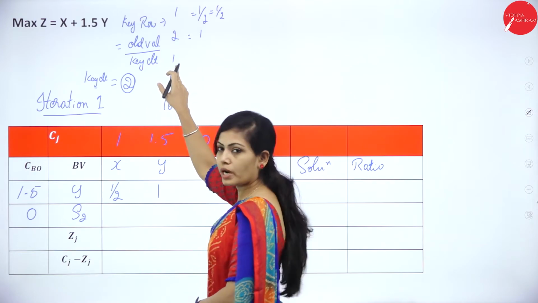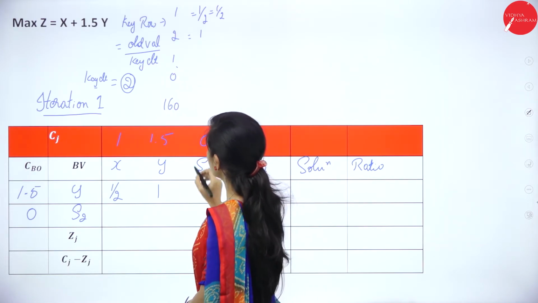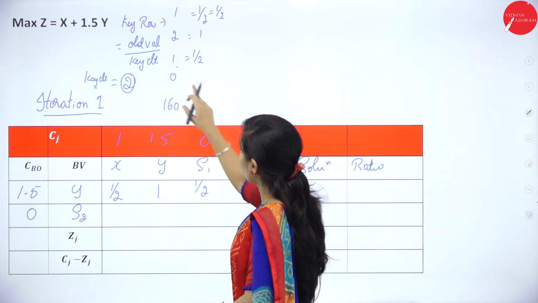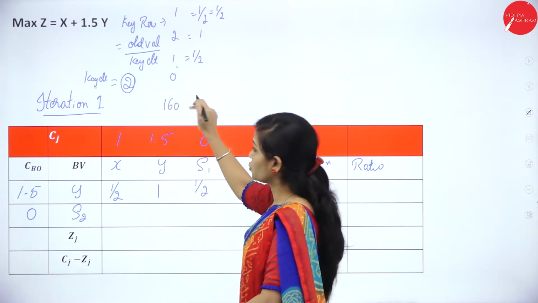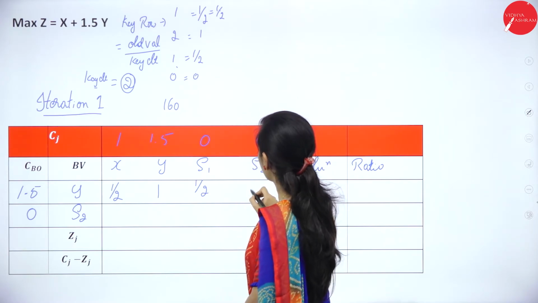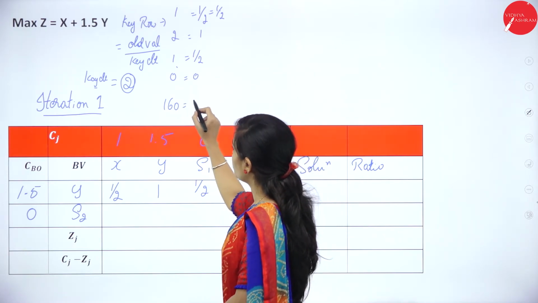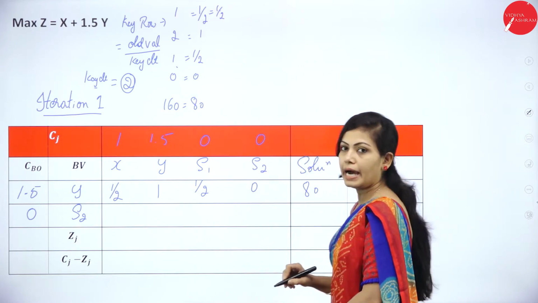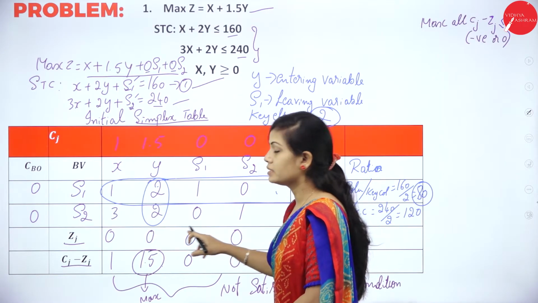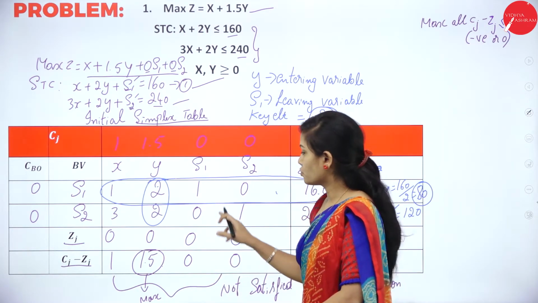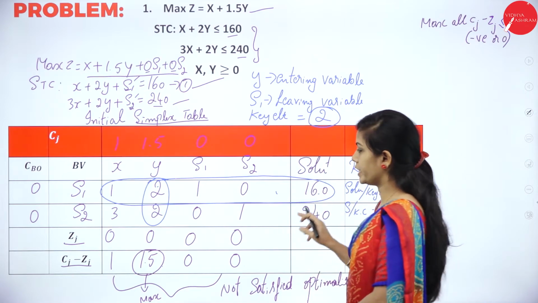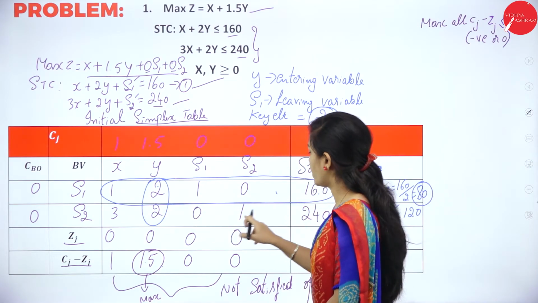The old value is 1, the key element is 2, so it is 1 by 2. The old value is 0, the key element is 2, so it is 0. The old value is 160, and 160 by 2 is 80. And now we have to find the non-key row values. The non-key row values are 3, 2, 0, 1, 240.